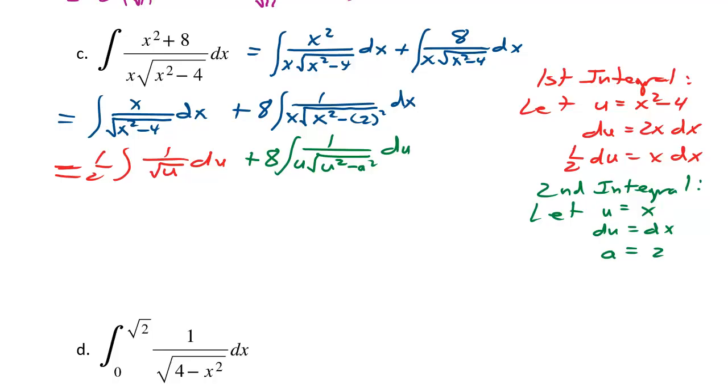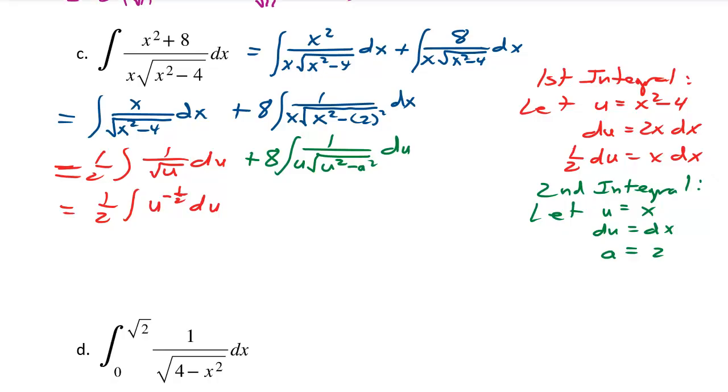Okay, that first integral, I'm going to go one more step on it. So we got 1/2 integral. We can write this as u to the negative 1/2 du.